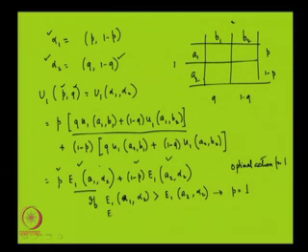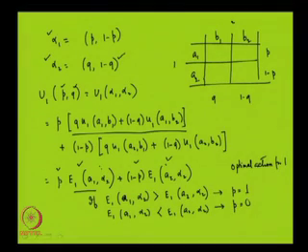Similarly, if it goes the other way, so this value is higher than this value, in that case, this 1 minus P will be set to 1, and 1 minus P will be 1 if P is equal to 0. So, P is equal to 0.